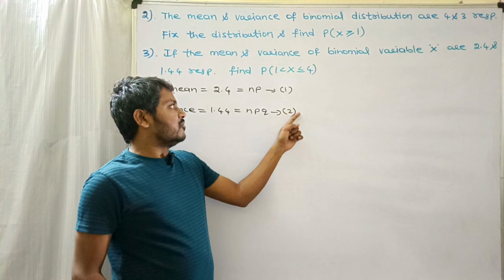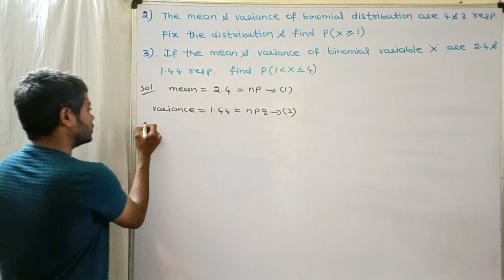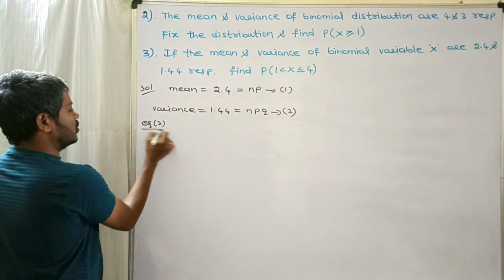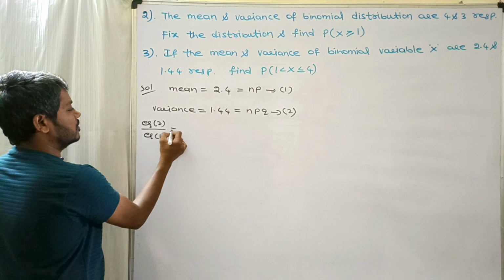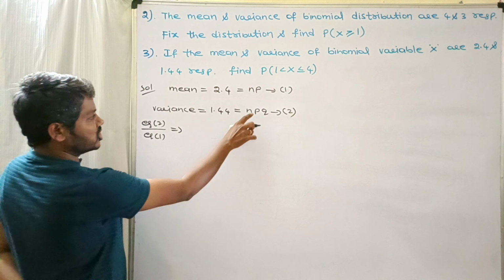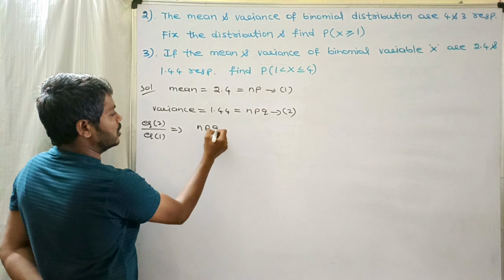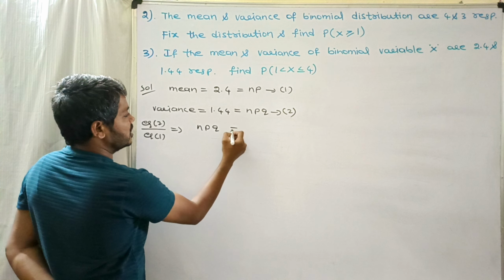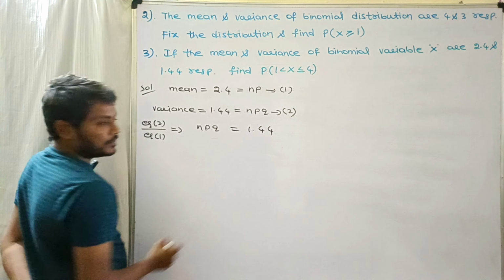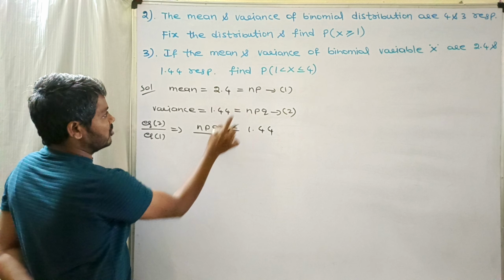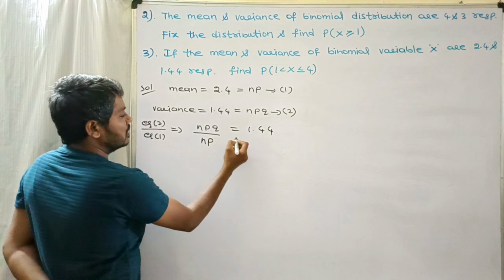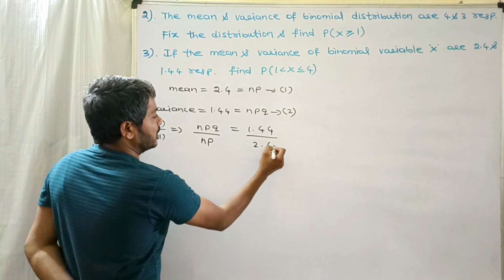Now divide equation 2 by equation 1. Equation 2 is npq, which is equal to 1.44, divided by equation 1, np, which is 2.4.